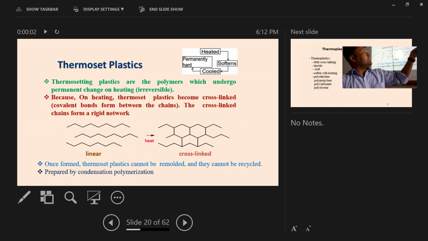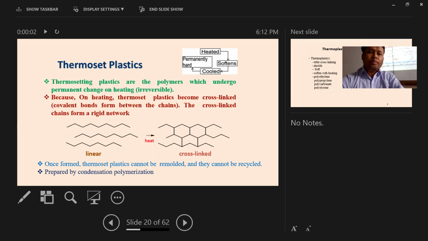The structure of the molecule is rigid and very fixed. So if you heat it the first time, you can shape it and reshape it, and then once it is fixed, you cannot do anything more with it.